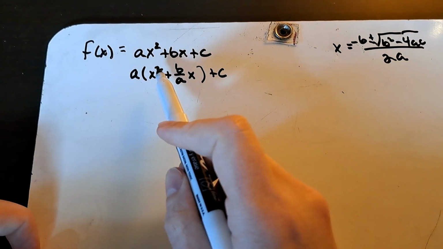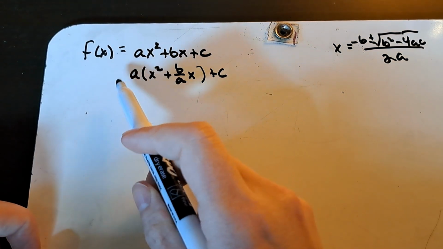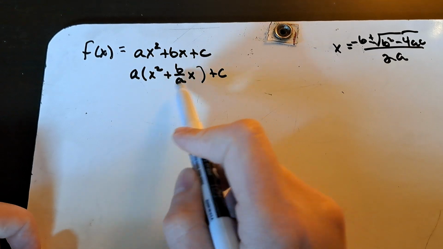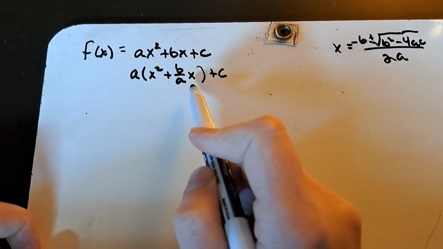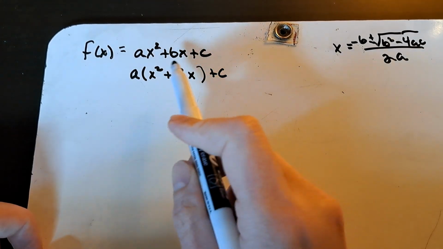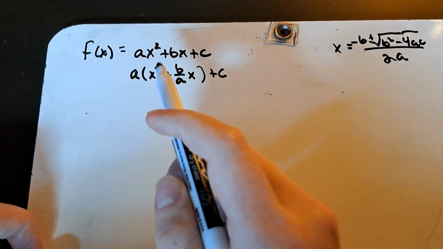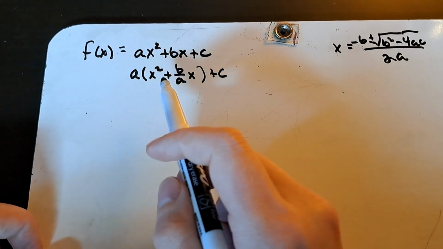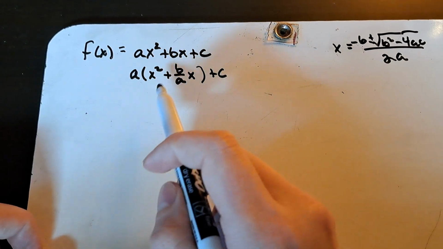Now that this coefficient is free of the a, I can complete the square on what's in the parentheses. This might be a little tricky because you're working with letters now rather than numbers, so it might be a little harder to see how to complete the square.